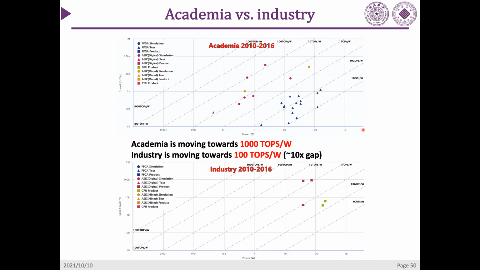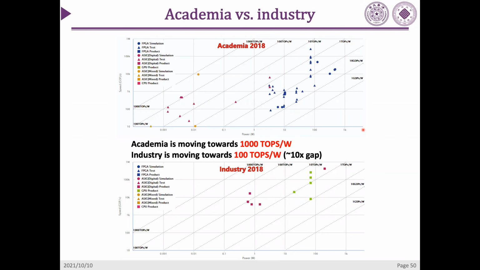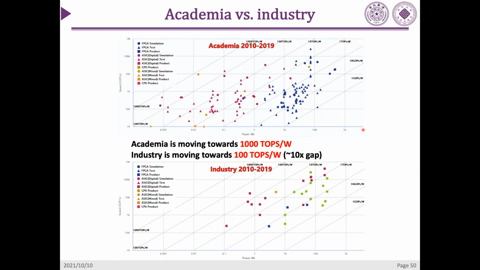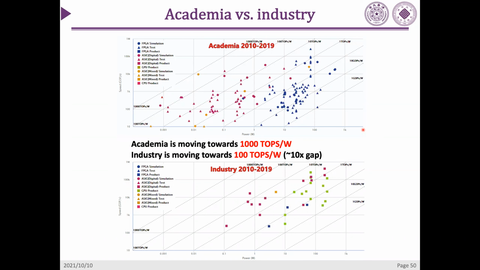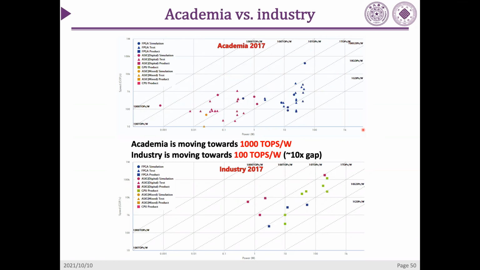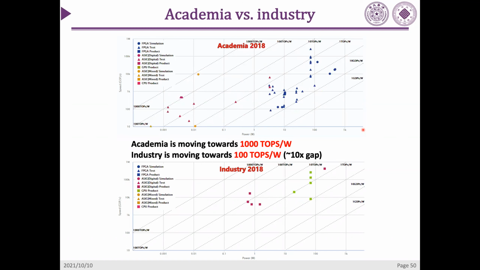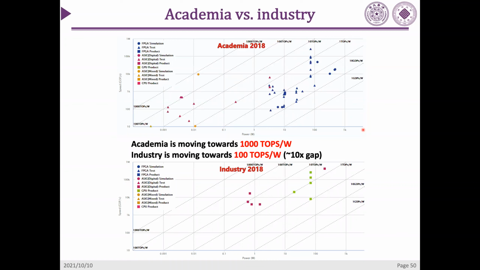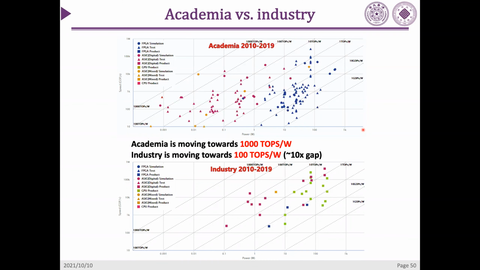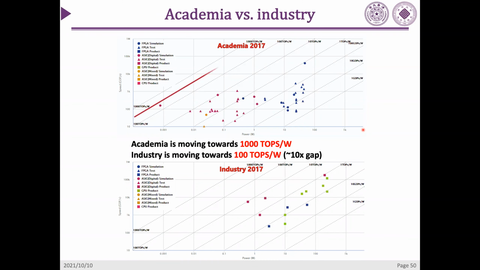There is still a gap of nearly 10 times in energy efficiency ratio between academia and industry. I think it's because the academia is trying to explore more possibilities, so they are moving towards 1,000 teraops per watt.